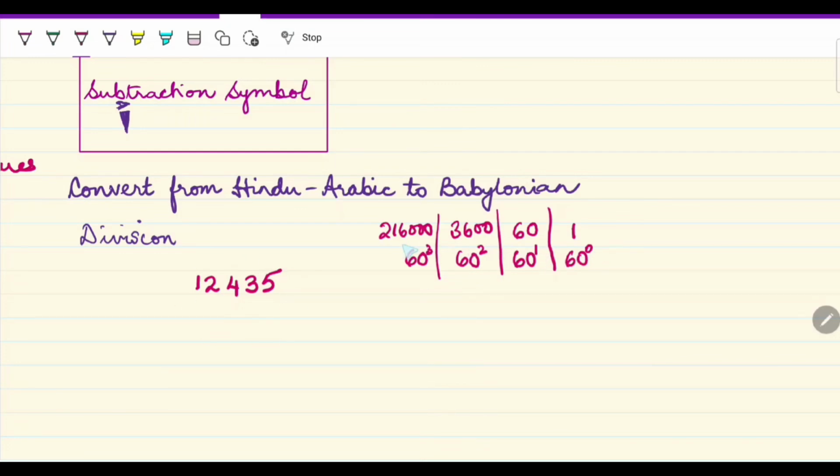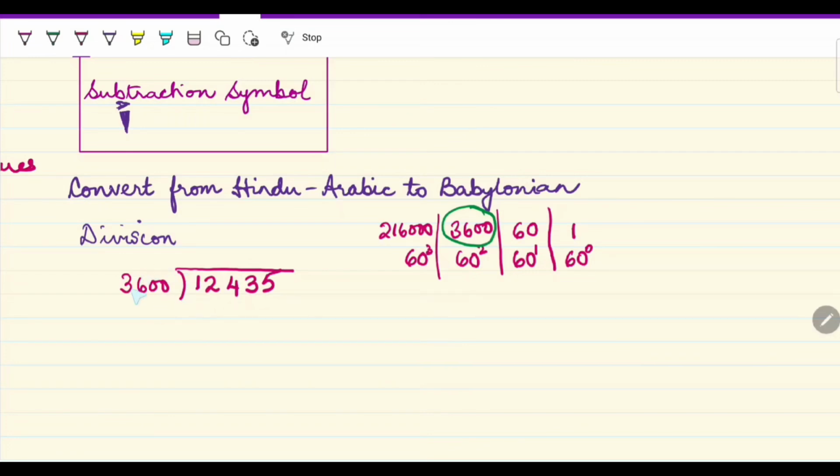If we go through this list of the different place values, we see that 3600 is closest to 12435 without going over. So I'm going to divide the number we need to convert by 3600. This is the divisor.